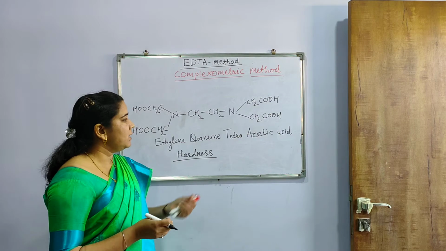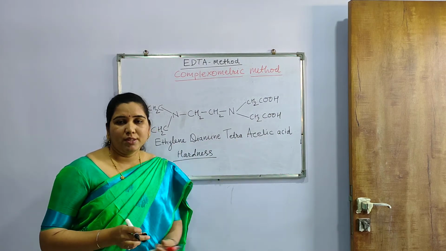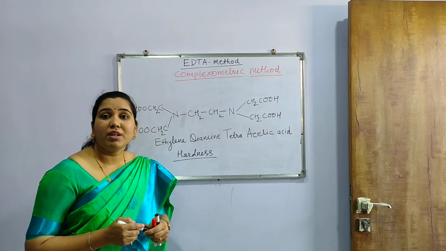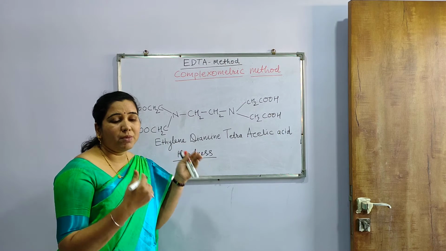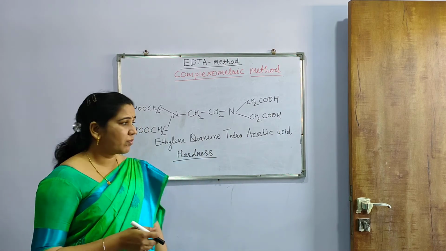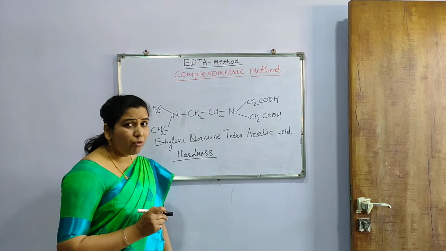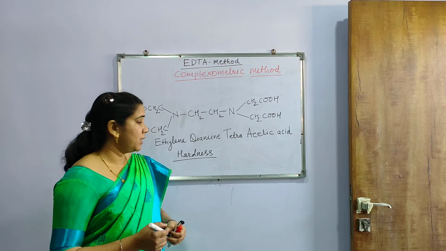This EDTA is a particular reagent. It is a tetraacetic acid. It is a particular type of reagent which is used to determine how much hardness is present in the sample of water. For this, there are different steps to carry out this particular method.